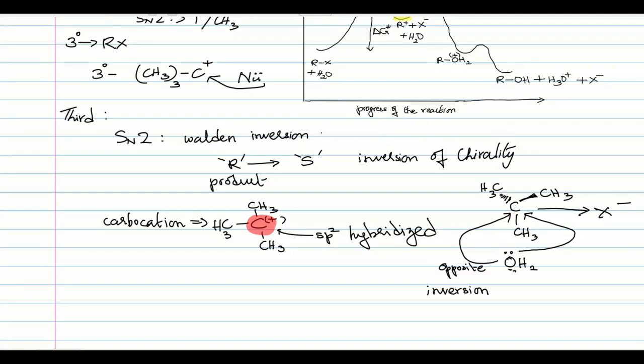But if the nucleophile attacks on the same side as the departing halogen, then you will have retention of configuration. Now, this is the biggest justification or proof that a carbocation is involved.